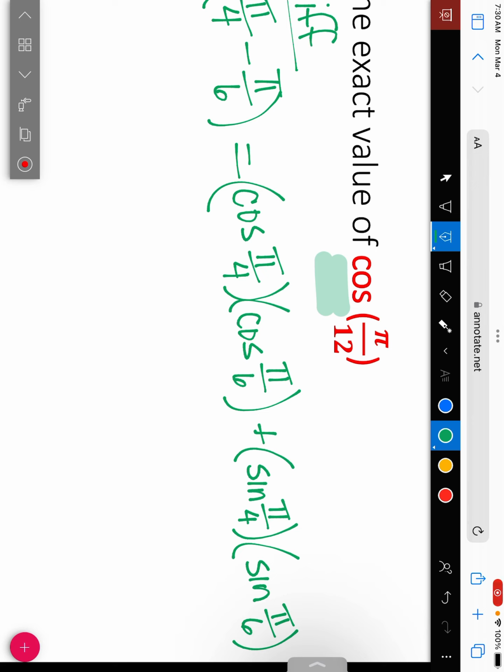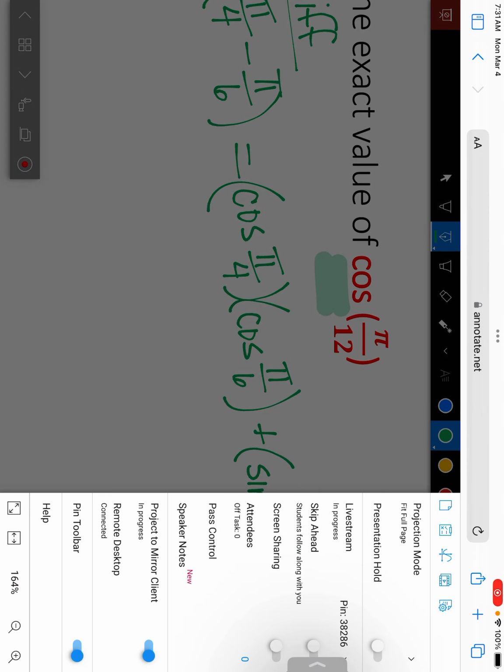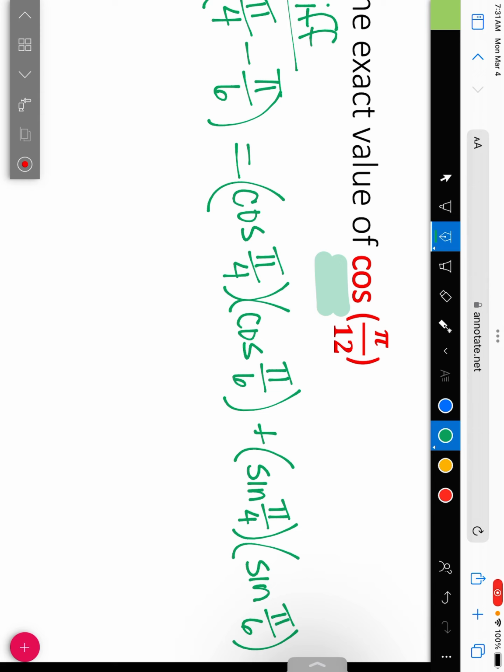All right, go to your unit circle and find those 4 numbers. Find the cosine of pi over 4, cosine of pi over 6, and this addition, which is kind of, if you look at it, a little tricky, because for cosine we subtract for the sum formula and we add for the difference formula in the actual identity itself. So let's take a minute, fill in our 4 angles.